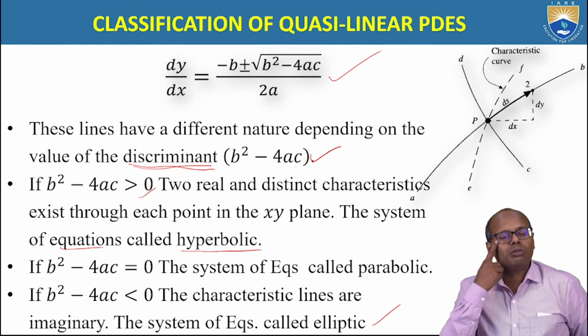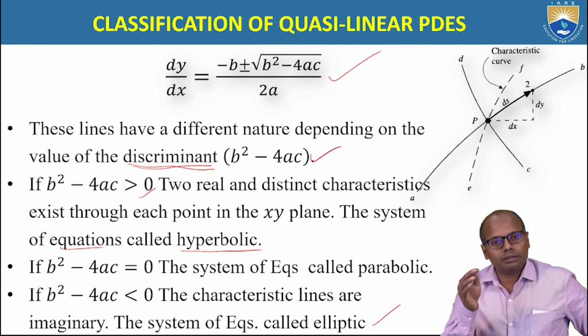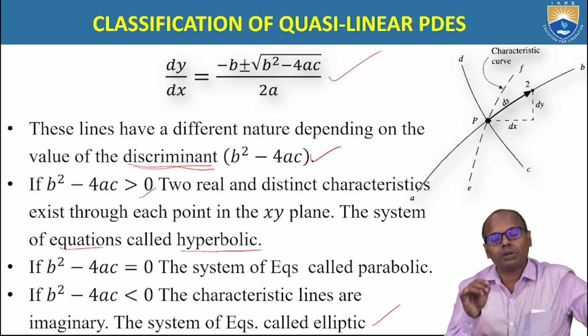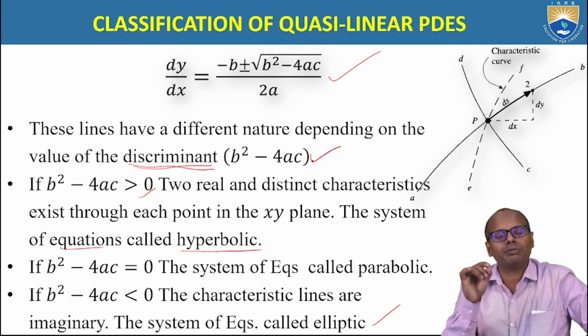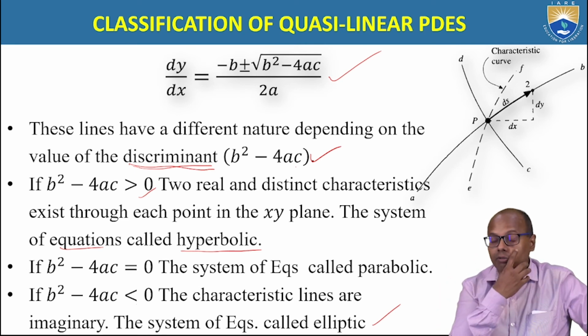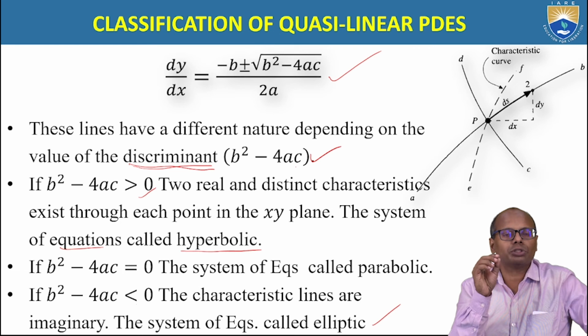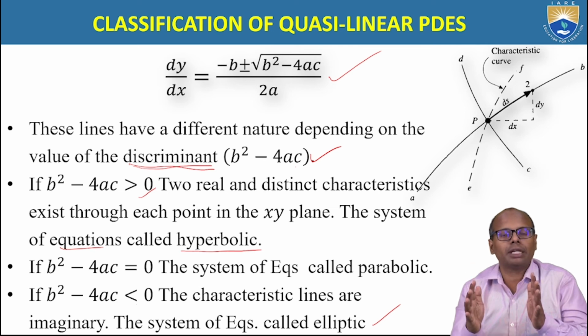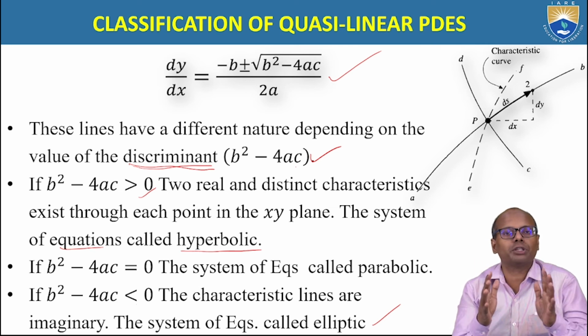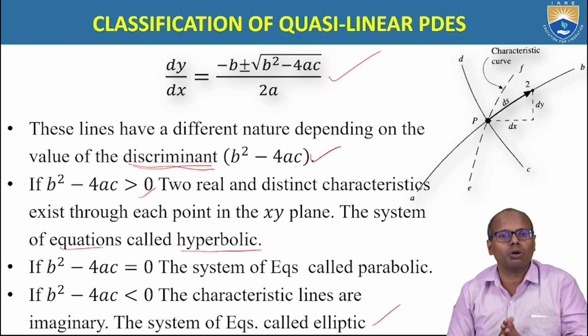Now what we are doing is finding the behavior of the characteristic curve. And what is a characteristic curve? The curve on which the derivatives of u and v are indeterminate. That means the determinant of the coefficient matrix is equal to 0.